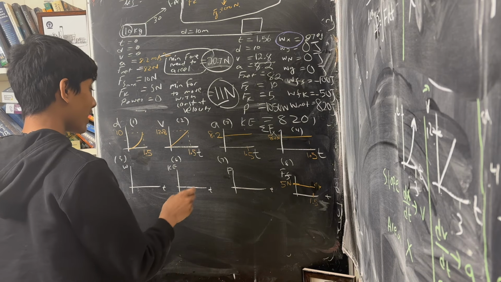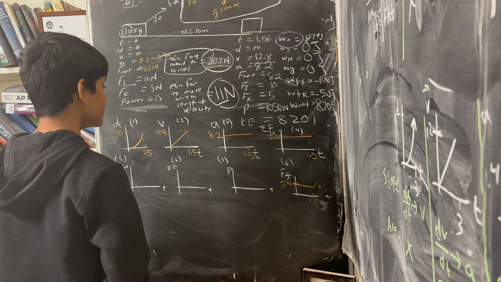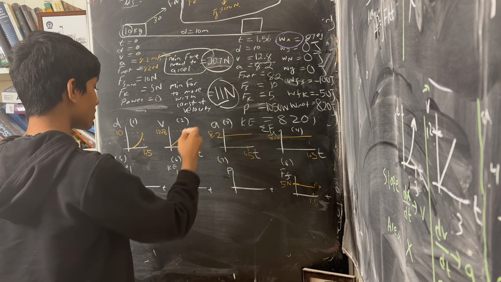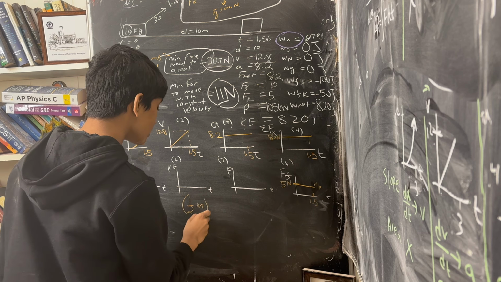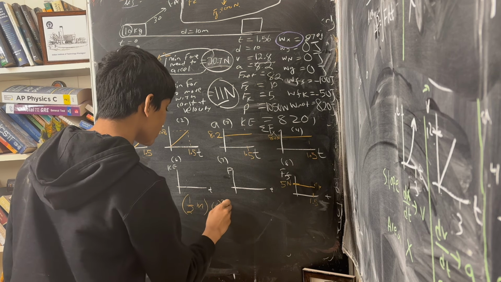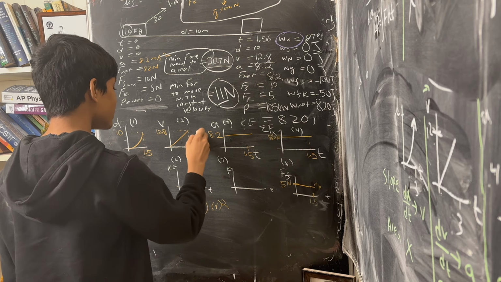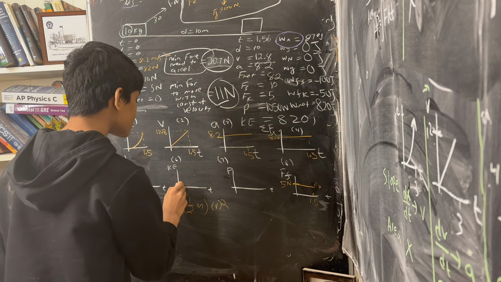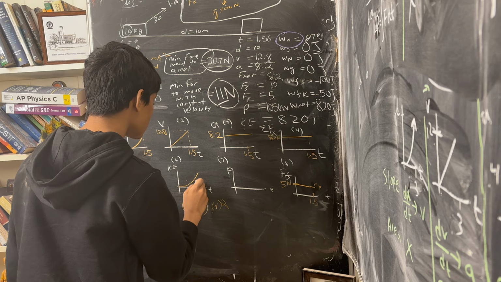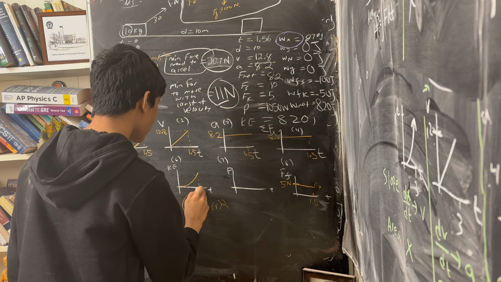Then we have kinetic energy, which is the next easiest. We know velocity is linear, and we also know kinetic energy is a constant multiplied by velocity squared, which means that if velocity is linear, then KE has to be quadratic with time. So it has to look something like this, where it ends at 1.5.